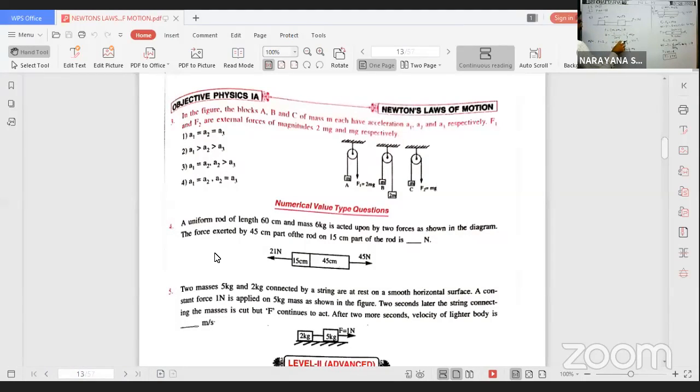After 2 seconds they have this velocity. At that time, the string is cut. Even after the string is cut, the same force continues, but there is no force acting on the first block to move it in this direction. As the velocity of the two blocks is 2/7, even after the string is cut the velocity of the first block is 2/7 only.